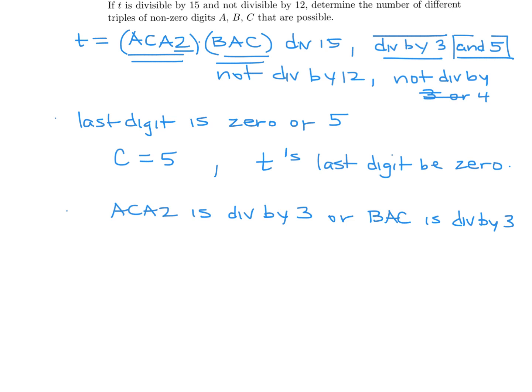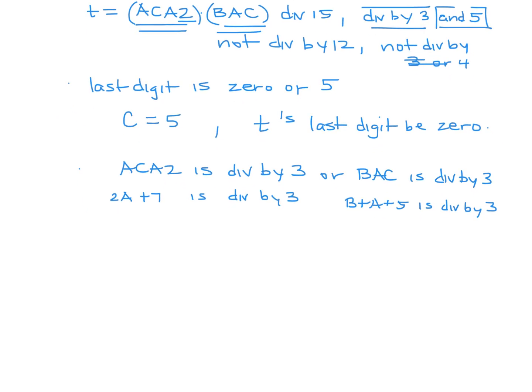If they're divisible by 3, that means the sum of the digits is divisible by 3. So this would be 2A plus C, which is 5, plus 2. So 2A plus 7 is divisible by 3. Or BAC is divisible by 3, so that means B plus A plus 5 is divisible by 3. Okay, all right, so some progress.